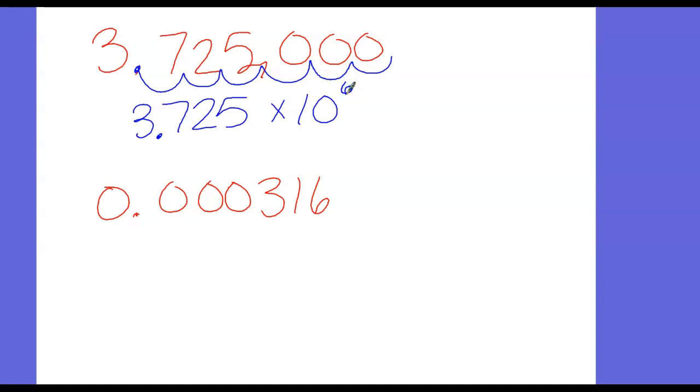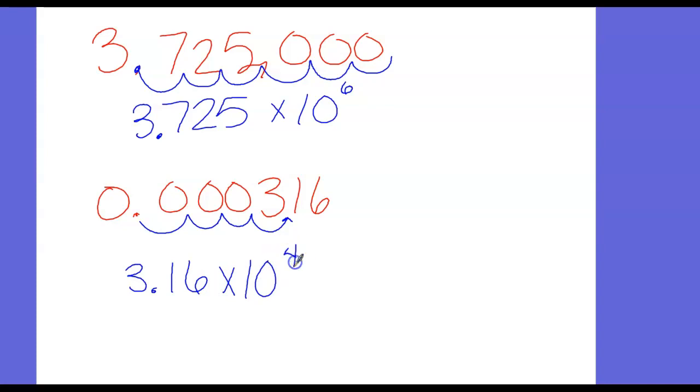Okay, so then if we look at this one, I have a decimal. I need to move it so that I get a number between 0 and 10. So I would get 3.16, right? Times 10. How many times did we move it?